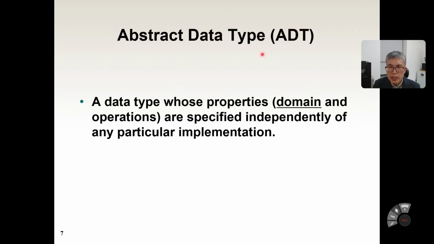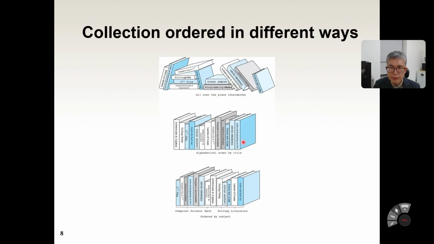Abstract data type, ADT. This is a data type whose properties, called the domain, and operations are specified independently of any particular implementation. This figure shows a collection of data in different ways.